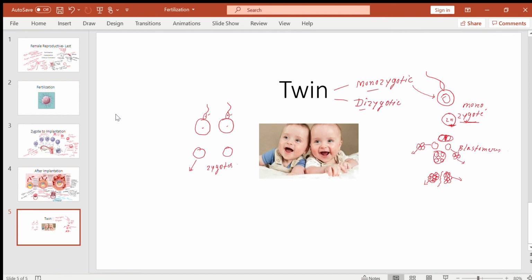And this one will form one embryo, this one will form another embryo. So they are not genetically identical, because they are coming from two separate zygotes.